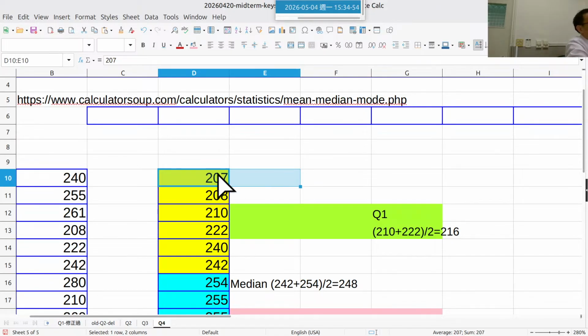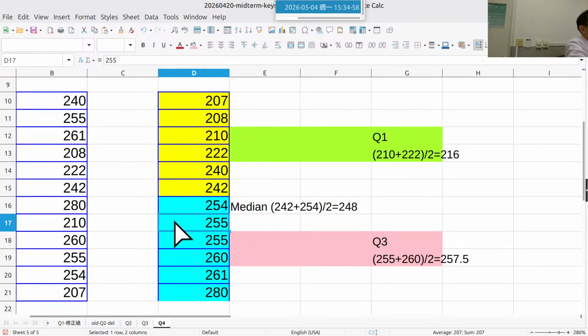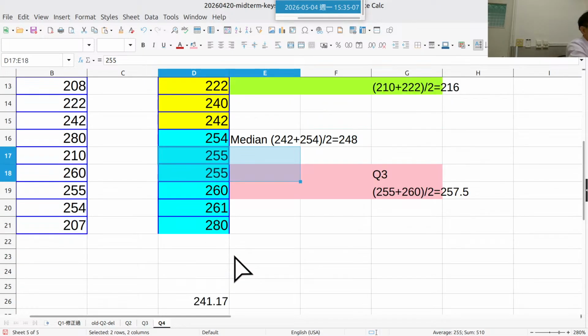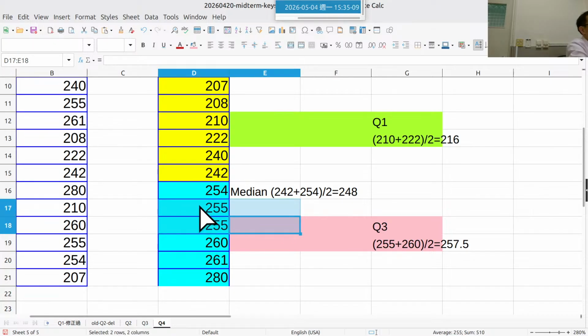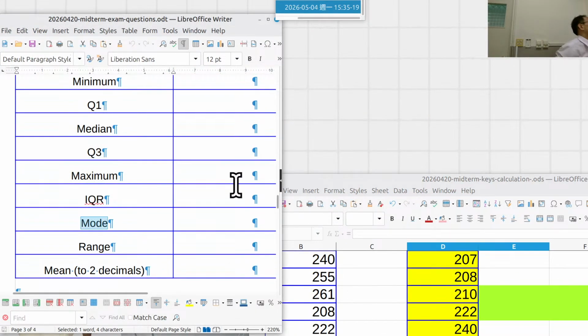Okay. 207, 208, 210, 222, okay, I got it. This number, 255, appears twice. How about the others? No. So this one is the mode, M-O-D-E, mode. It appears twice, the top one. So far, any question?